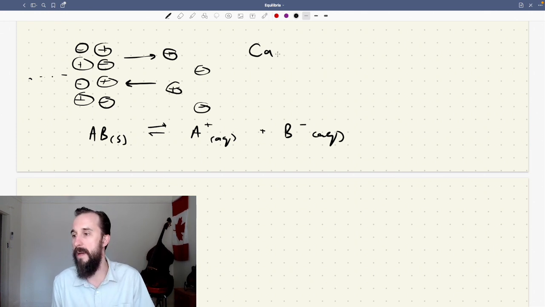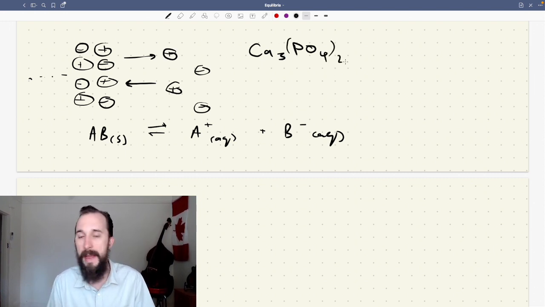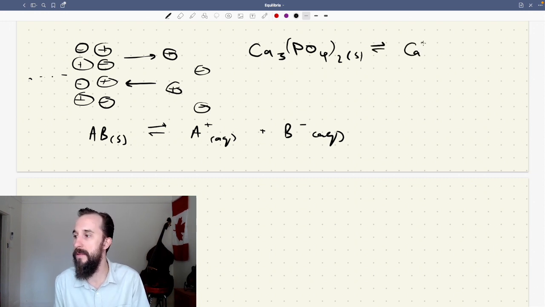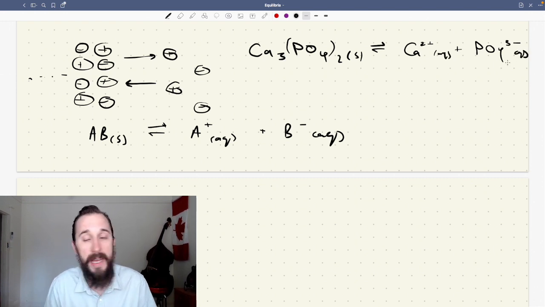So we're going to have Ca3(PO4)2, like that. So that's going to be our ionic solid there on the left-hand side. In a saturated solution, we have an equilibrium being established between our calcium ions and our phosphate ions, where these are both going to be aqueous, like so, and we've got to take into account the stoichiometry.